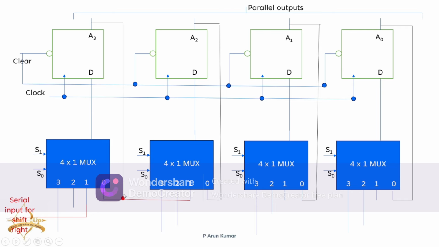So this was the output, and that is connected to the second mux, input 1. In that way I'm connecting it. So in this way we can transfer the information from this D flip-flop to this one. This is how we have completed the shift right operation also.